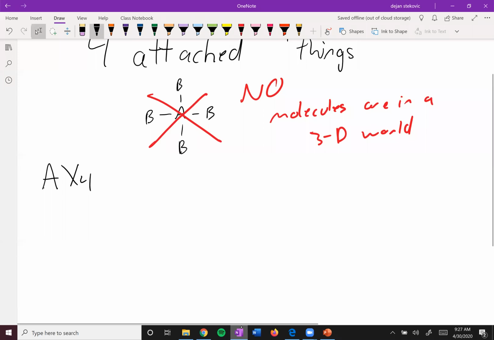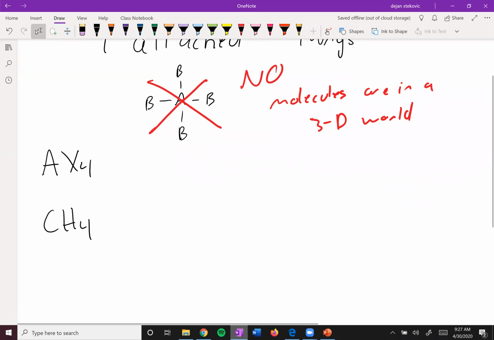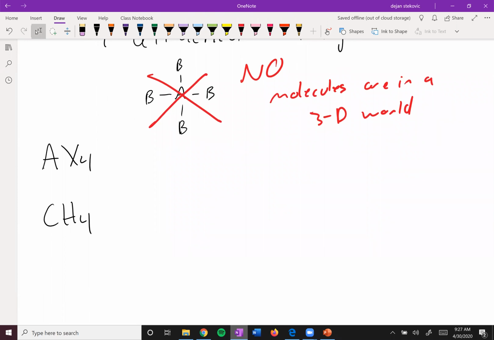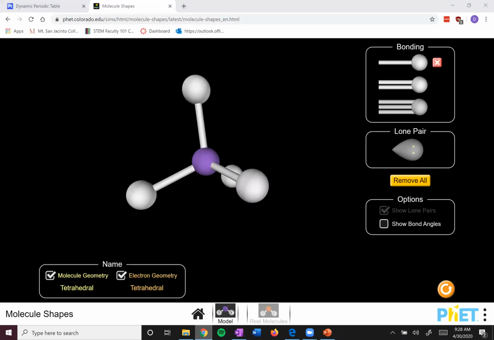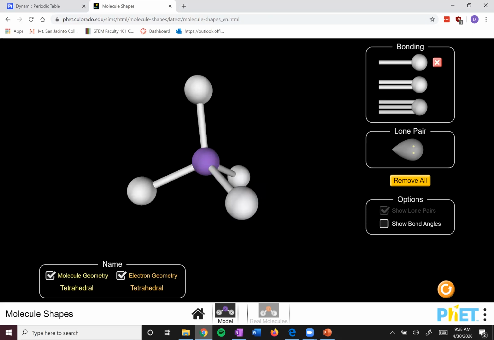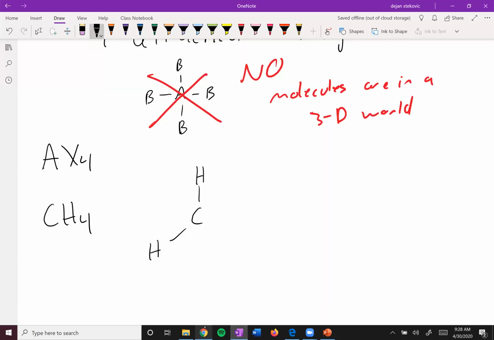So an example of a tetrahedral molecule is CH4, right? You've got a central carbon and then 4 hydrogens attached to it. So we draw 2 of them in the board, just like we see in this image. And then one's going in front, and then the other one is going in back. So the way we symbolize that is by using wedges and dashes. When you have these dashes, that means that it's going behind the board, into the board or plane, whatever you want to think about it. And when you have this wedge, that means that it's going in front of the board, or it's coming out of the board.